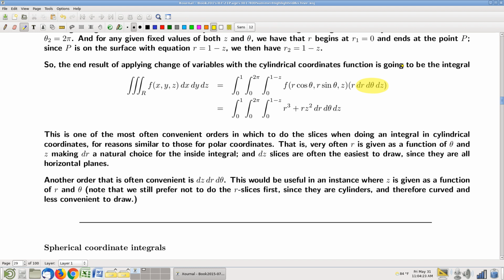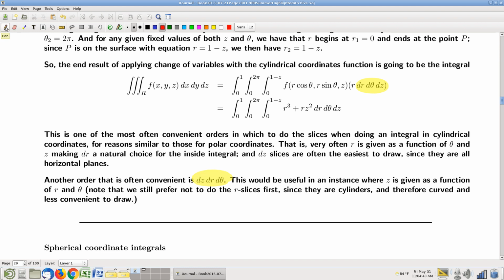Right? So I suggest you think of your options as this. There's dr d theta, always in that order, and there's dz. And your two options are which one of these pairs goes on the outside and which one goes on the inside. You'll see your other reasonable option is this one. Right?